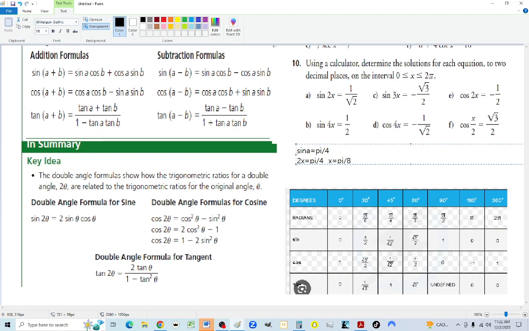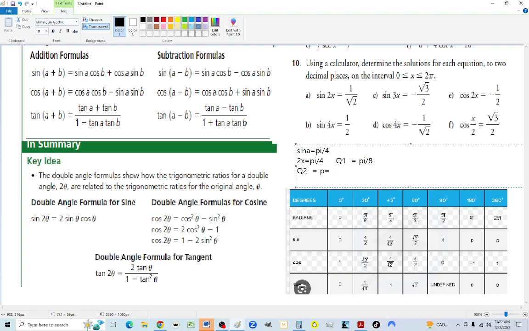Well, if we're talking about when, you have to actually use this one here before you solve for x. So one of them is definitely in quadrant 1, pi over 8. But for quadrant 2, you have to take the actual pi over 4 first, and say, okay, well, it's pi minus pi over 4.